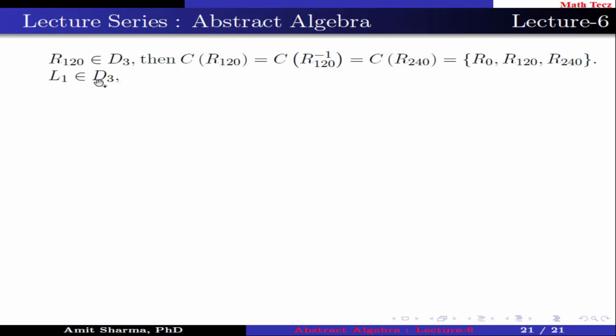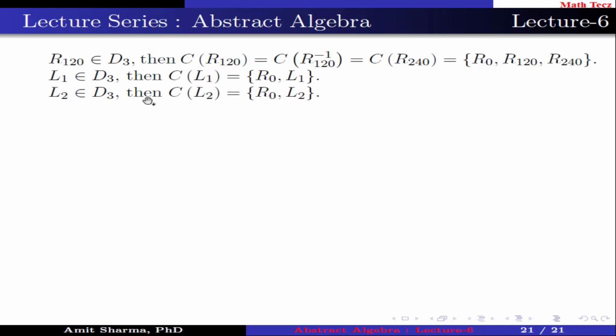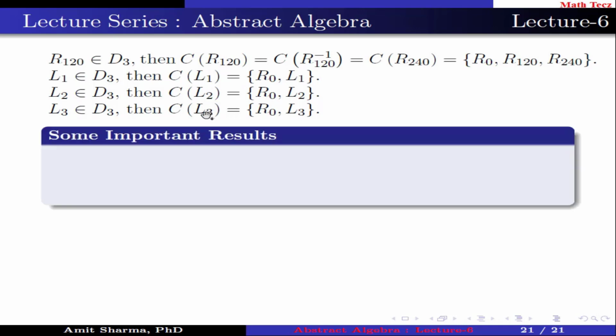L1 belongs to D3, then the centralizer of L1 is {R0, L1}, because these elements commute with L1. L2 belongs to D3, then the centralizer of L2 is {R0, L2}, because these elements commute with L2. L3 belongs to D3, then the centralizer of L3 is {R0, L3}, because these elements commute with L3.